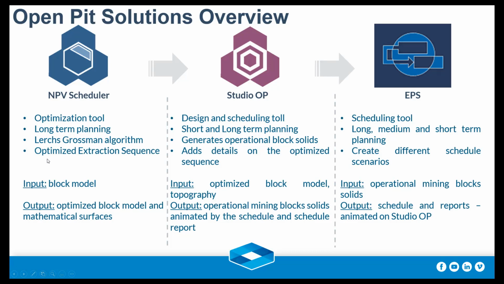After setting up the pushbacks and all the other constraints, it gives us an optimized extraction sequence, also in a block model form. So NPV Scheduler has a block model as an input, a lot of economical parameters that we're going to look into later, and the output is also an optimized block model with a sequence of extraction inside.